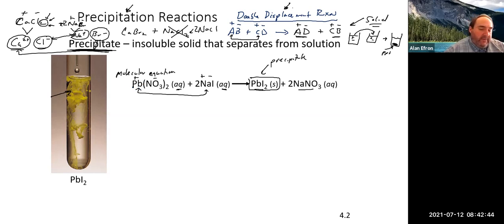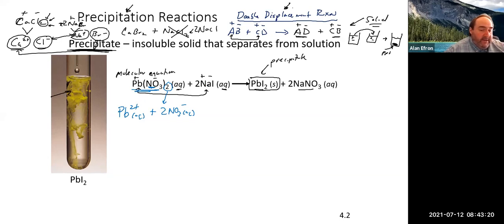So lead(II) nitrate is an ionic compound. As we saw, an ionic compound is typically a strong electrolyte, which means in solution it's not going to stay together. It's going to break apart into its ions: lead with a 2+ charge, and 2 nitrates. This 2 comes to the front, as you can see, so there are 2 nitrates.